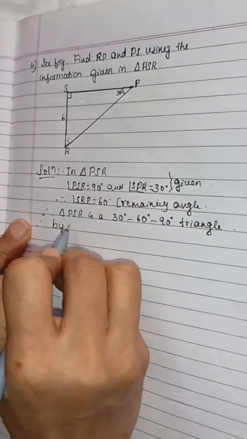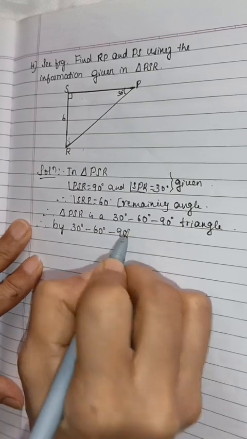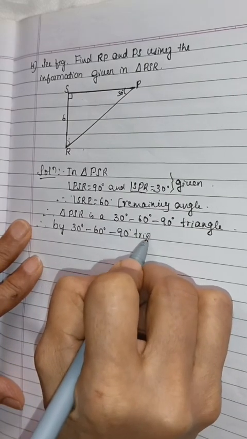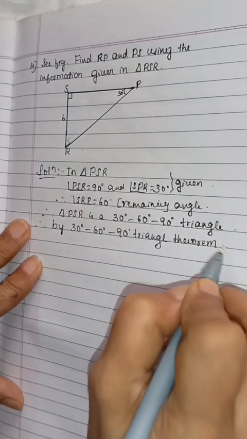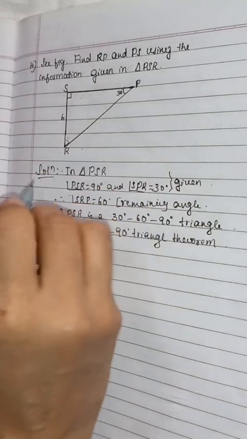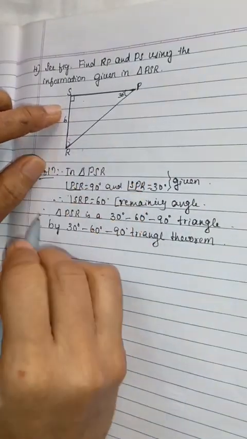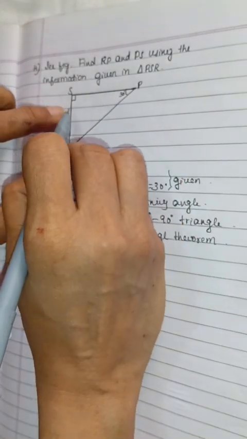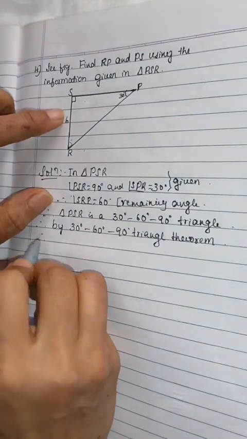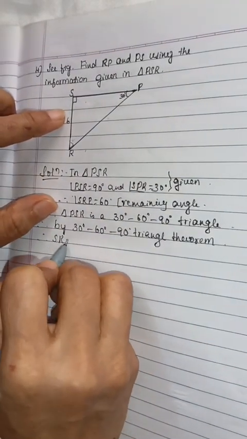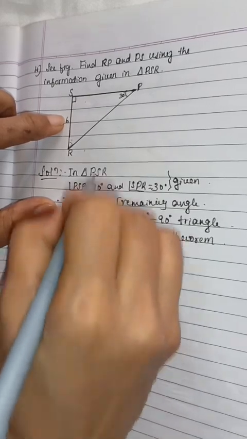Okay, so by the 30, 60 and 90 degree triangle theorem, here the side opposite to the 30 degree angle, this side SR, is opposite to the angle 30 degrees. Okay, therefore SR is half of the hypotenuse PR.